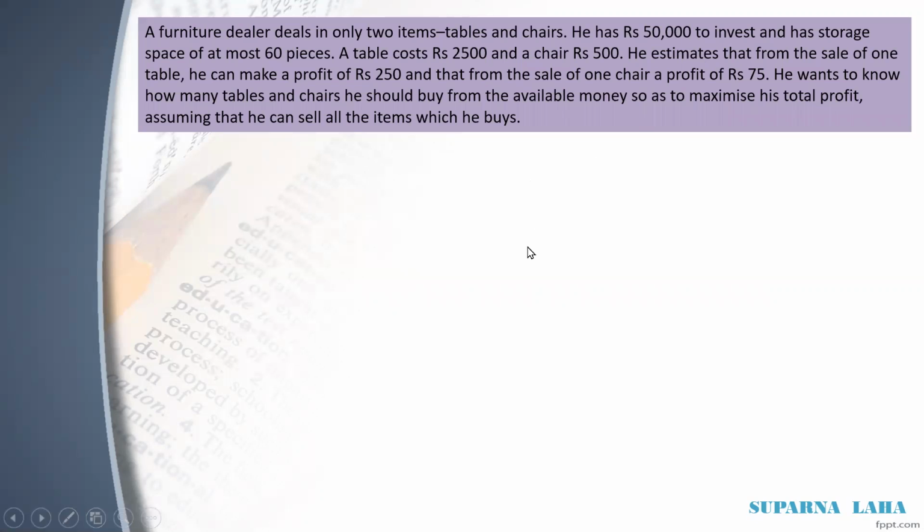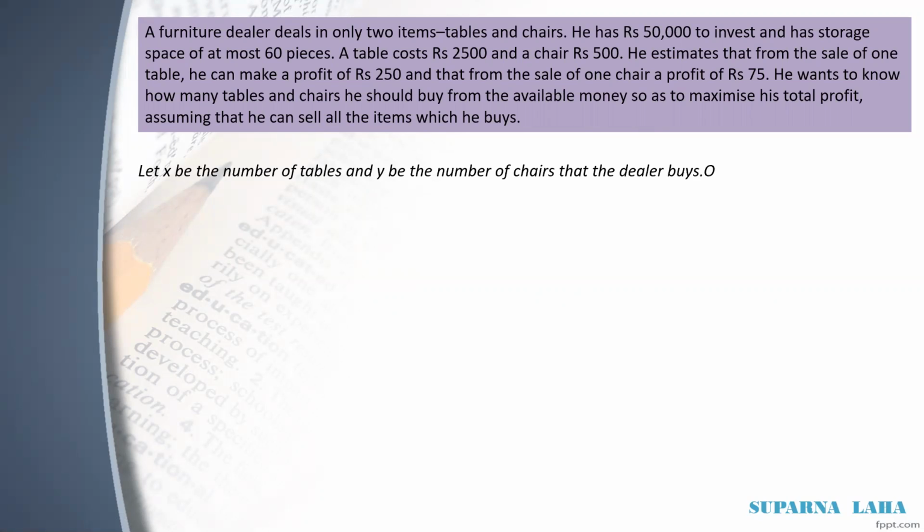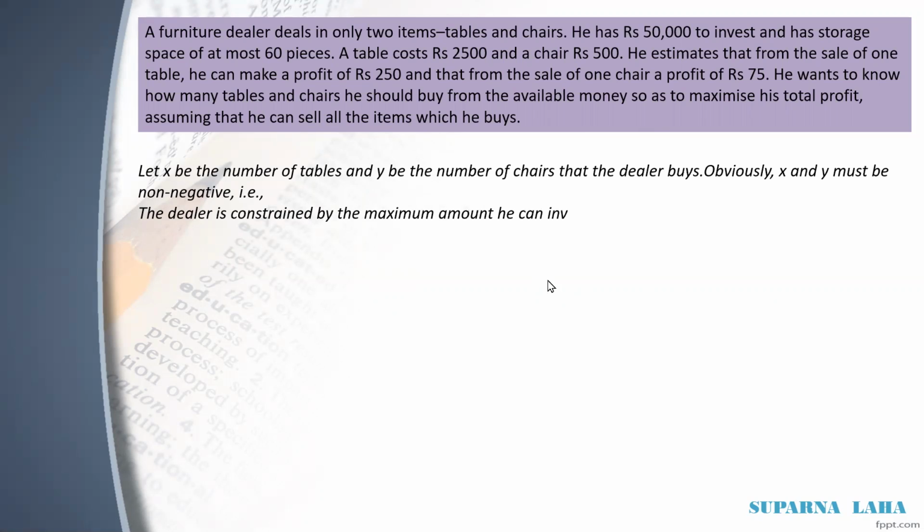So let us take that he can buy x number of tables and y number of chairs, right? And for the given condition, since x and y, the numbers of tables and chairs, definitely they are non-negative. And just look at the given conditions. So the total cost that he can invest is 50,000. That is the cost of x number of tables and y number of chairs.